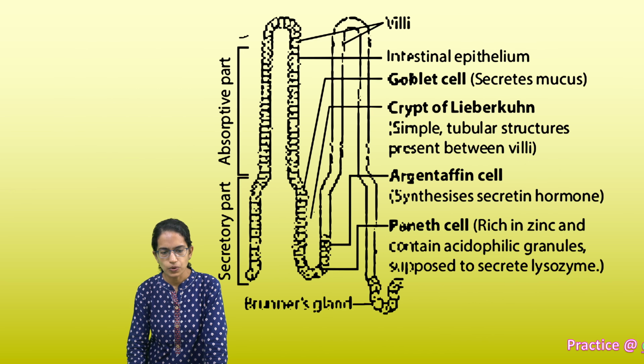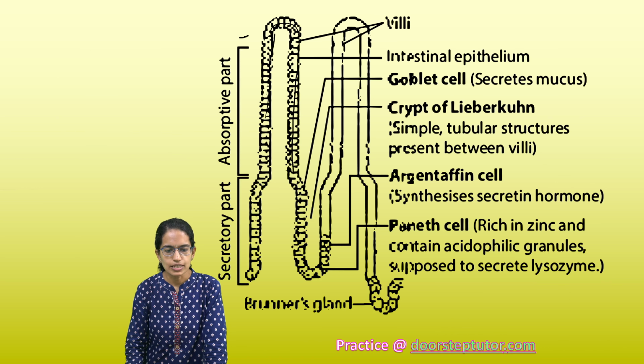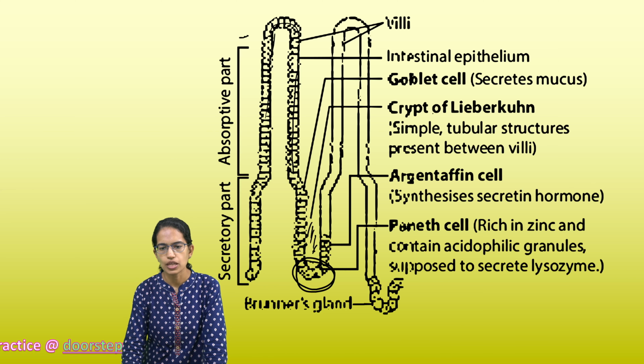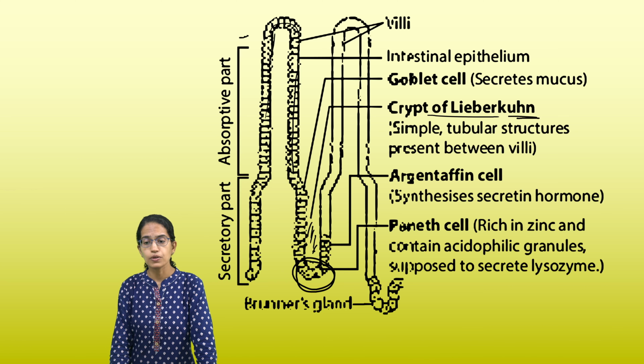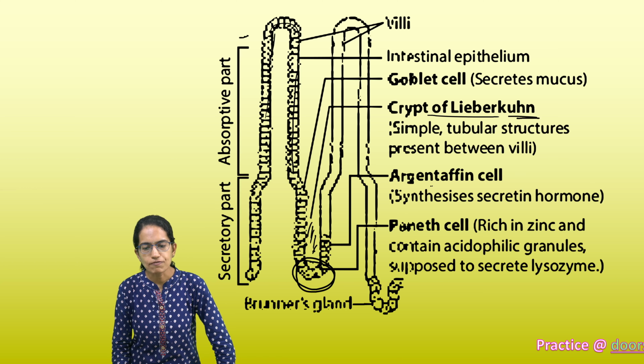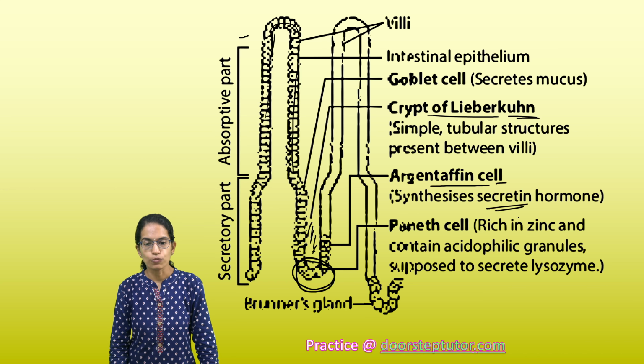So if I go here, this is the structure of the small intestine. Now in this you have the Brunner's glands here. Now these Brunner's glands would empty into this region which is known as the crypt of Lieberkuhn, and these are simple structures which are present between the tubular structure. Argentaffin cells are there which secrete the secretin hormone.